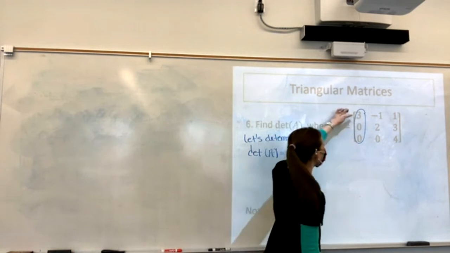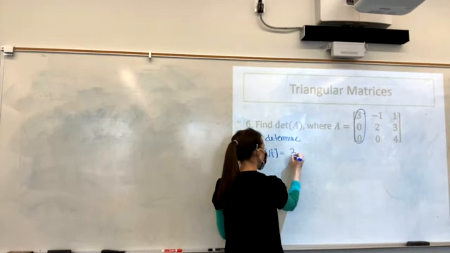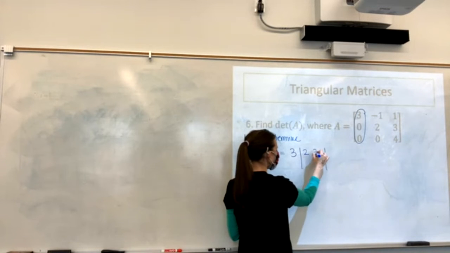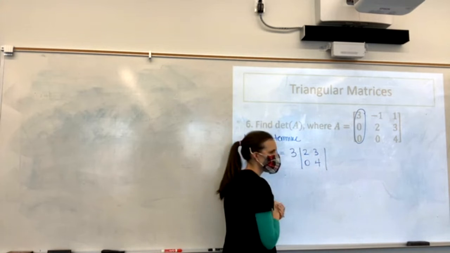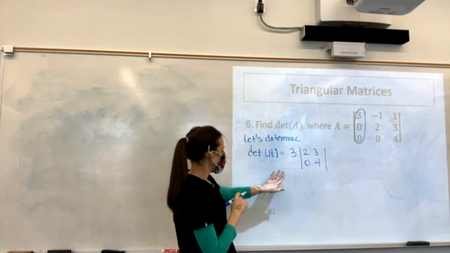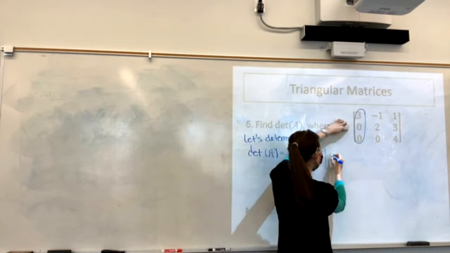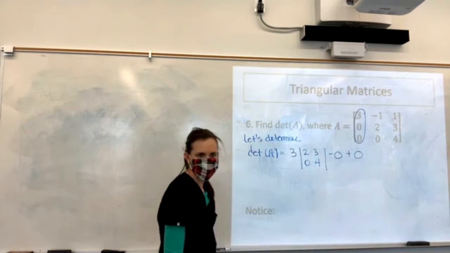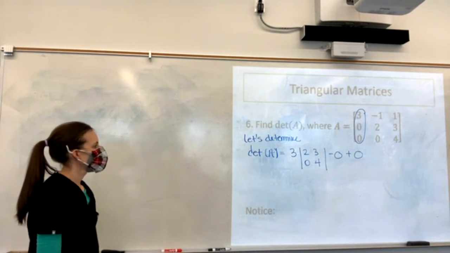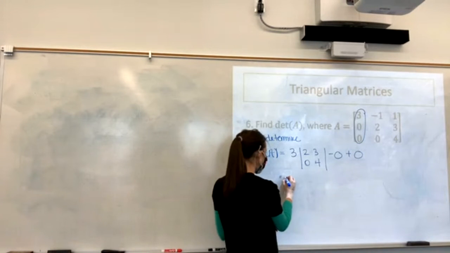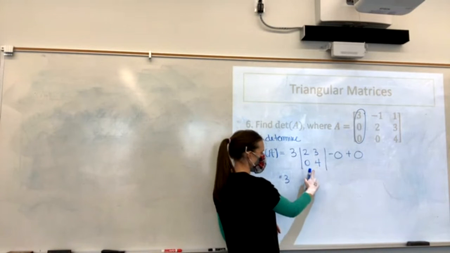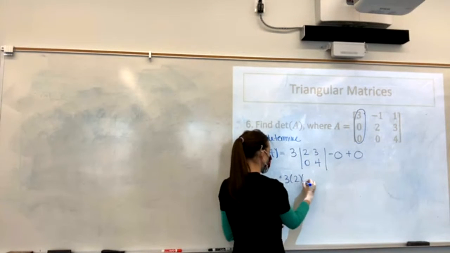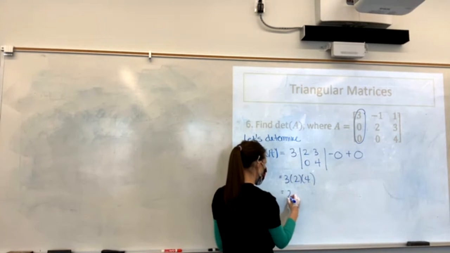All right, so we start with a positive in our checkerboard. So that would be a +3 times the determinant of 2, 3, 0, 4. And then it would be a -0 times something plus a 0 times something, right? Okay, and so then we would have 3 times this determinant, which is what? 8, right? 2 times 4.